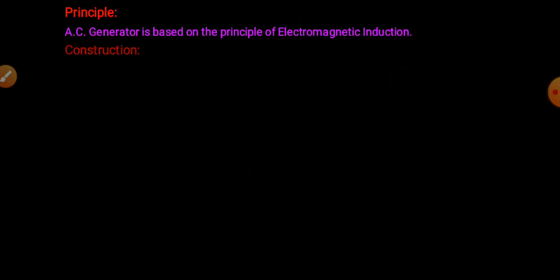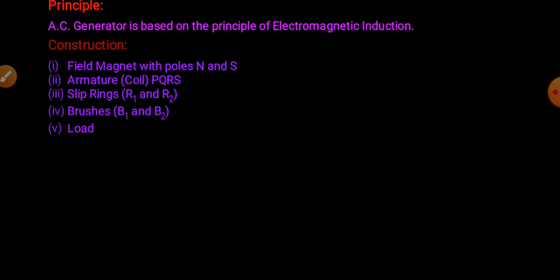Electromagnetic induction is whenever the amount of magnetic flux linked with the coil changes, EMF is induced in the coil. It lasts so long as the change in magnetic flux through the coil continues. The direction of the induced current is given by Fleming's right hand rule.